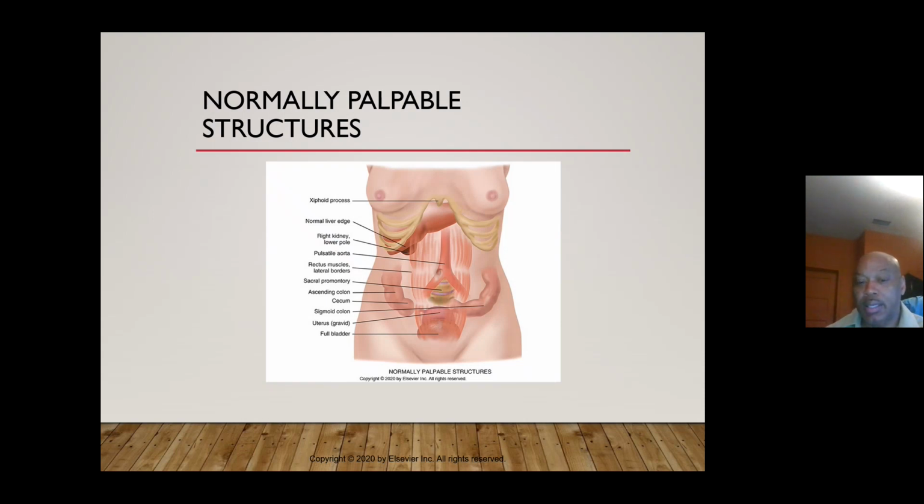Of course, if there's a mass, then that's a different story. But it shouldn't be a dull kind of sound coming from that area. All right. And take a look at figure 22-18, and this is what I'm presenting here now.